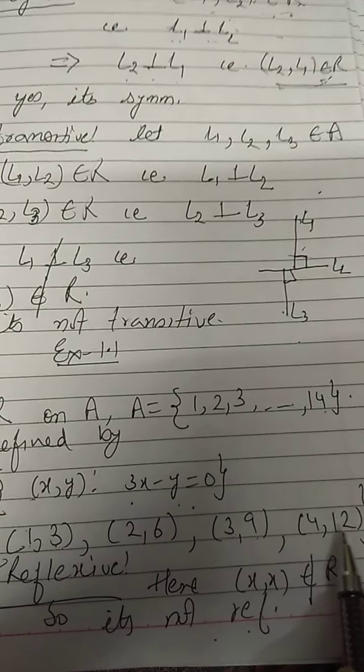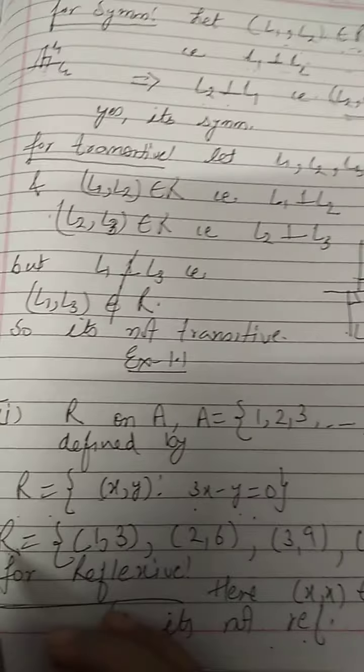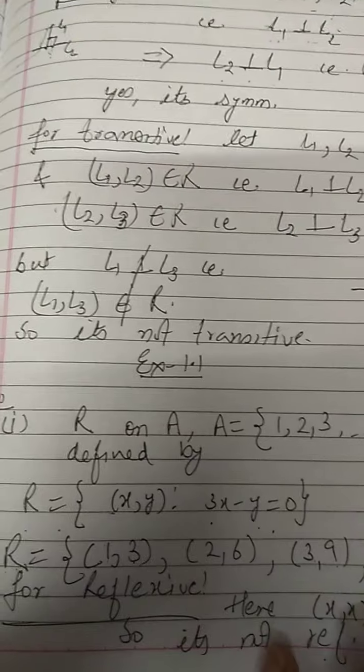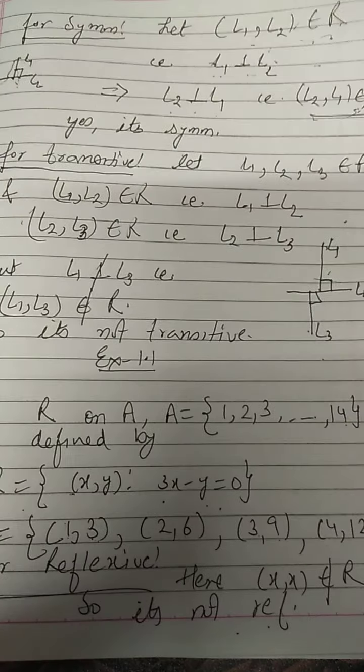Similarly (4, 12) is there, but (12, 4) is not present. So we can say the relation is not symmetric also. So it is not reflexive, and it is not symmetric also.